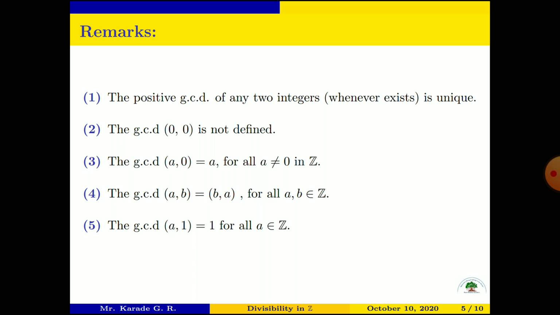Here both are 0. Therefore, the GCD of 0 with 0 does not exist or is not defined.